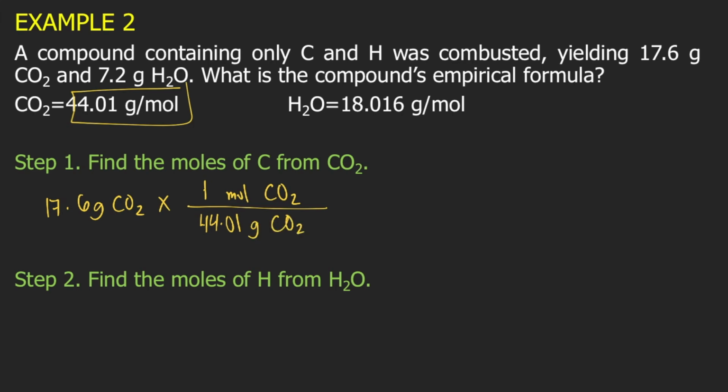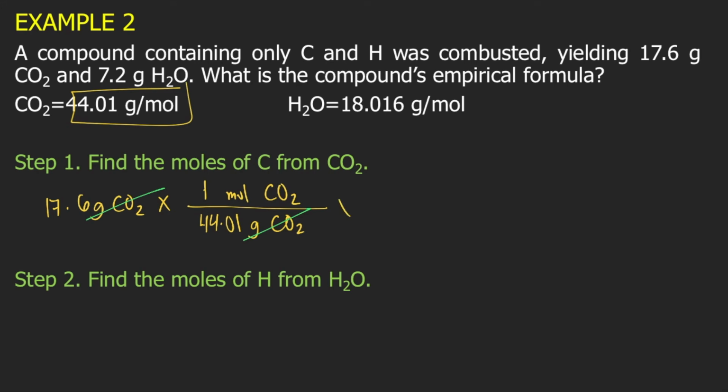By the way, these molar masses of carbon dioxide and water that is shown on the screen, you can actually solve them on your own using the periodic table. So I'm pretty sure you already know by now how to solve the molar masses of compounds, right? Okay, so the grams of carbon dioxide will cancel.